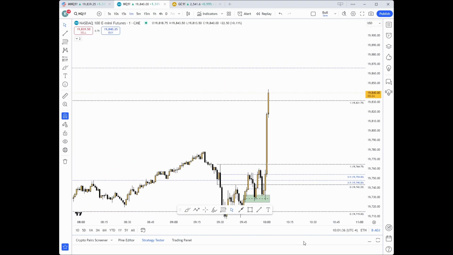Money printer go brrr. Who's going long up here making money? It's our midpoint, 60s. Got out too early.